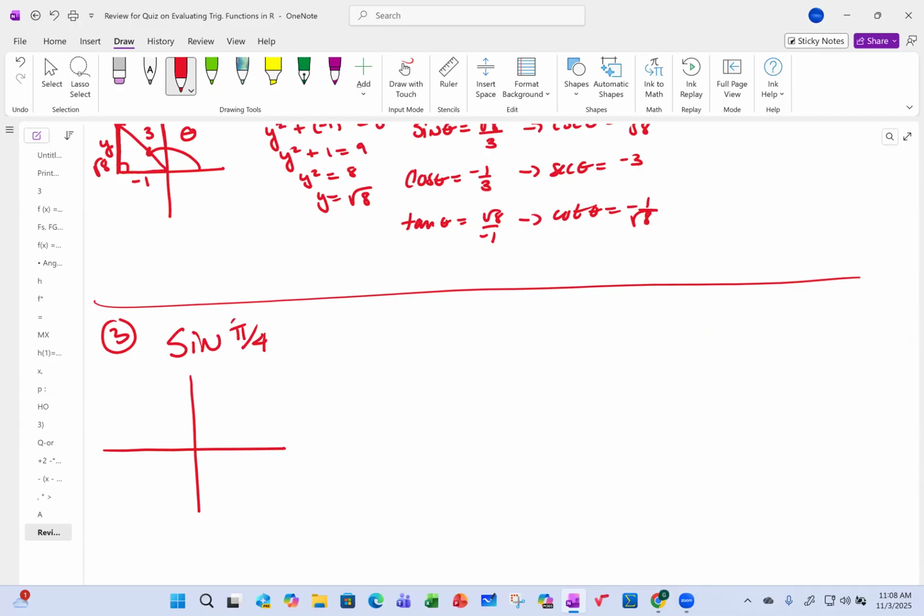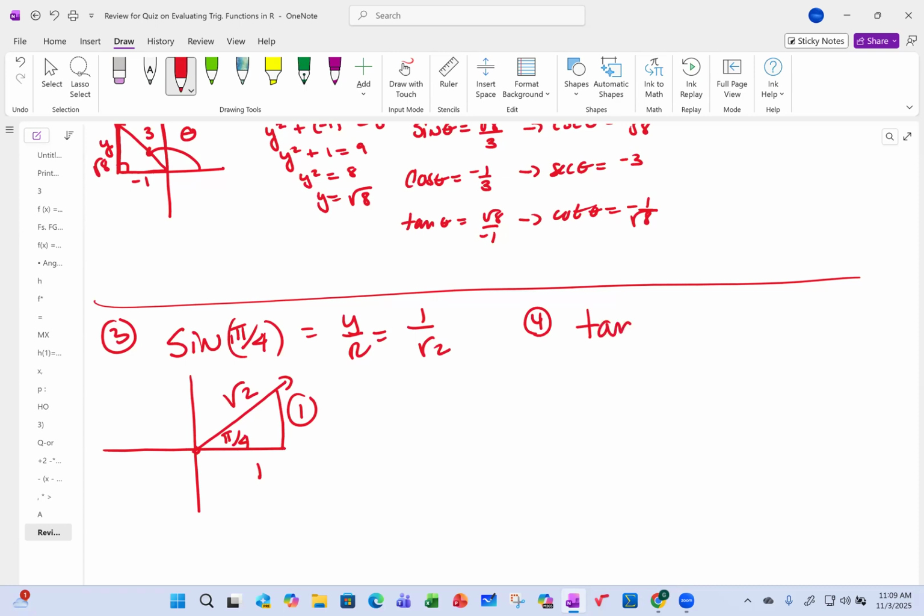Well, pi over 4 is in the first quadrant. 1 is less than 4, so you're either in quadrants 1 or 2, and obviously you're just a quarter away, so you're in quadrant 1. And the reference angle I'm dividing by 4 is pi over 4. So it's 1, 1, and root 2. Sine is the ratio of y to r, so 1 is y and r is root 2.